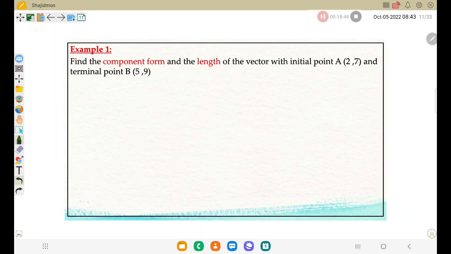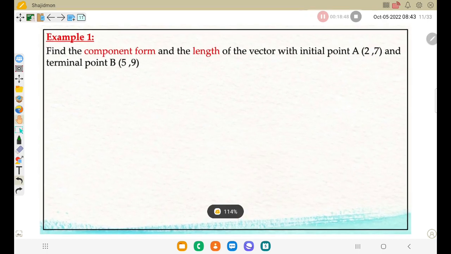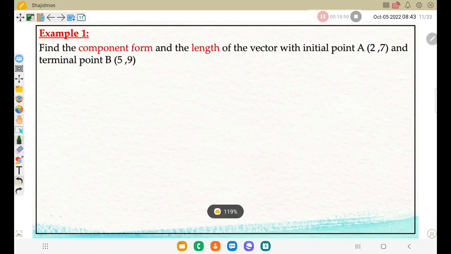Now we will do one example here. More questions we will do in the exercise. Find the component form. What is the meaning of component form? Component form means we need to calculate the x component and y component, x, y, correct? And the length of the vector with initial point A 2, 7 and terminal point B 5, 9.